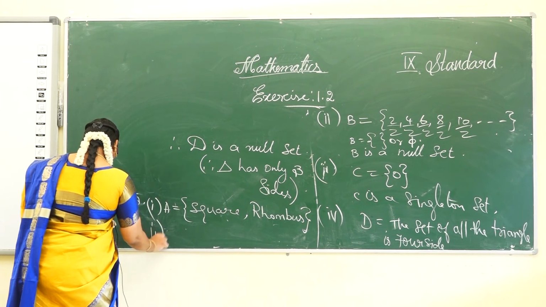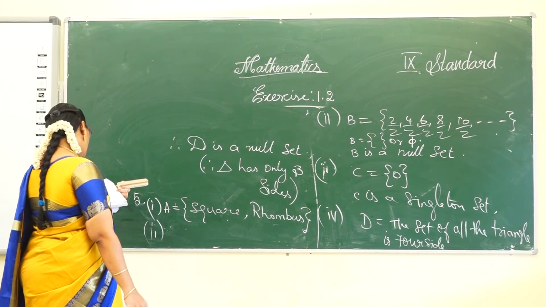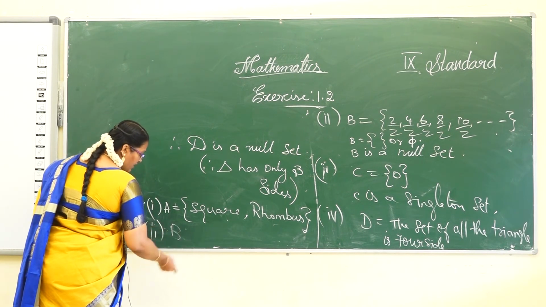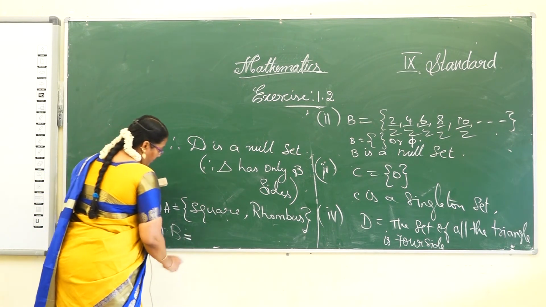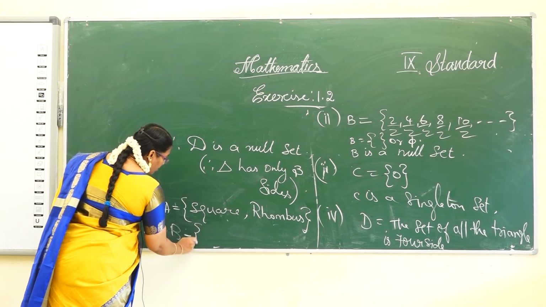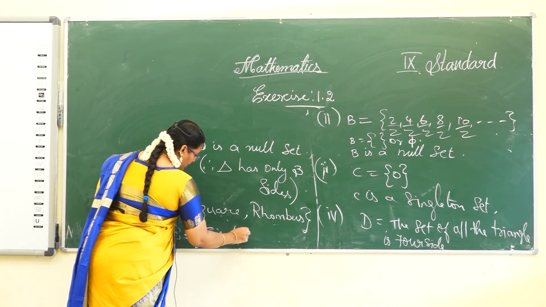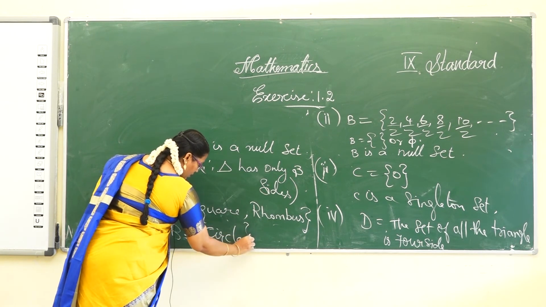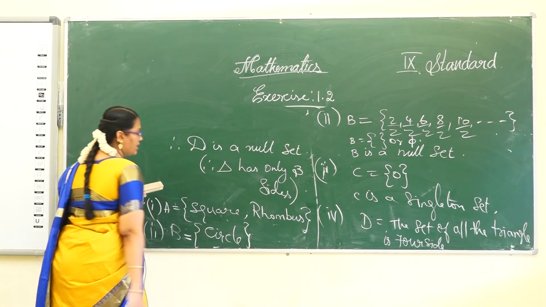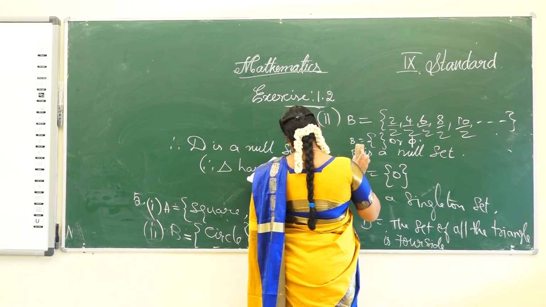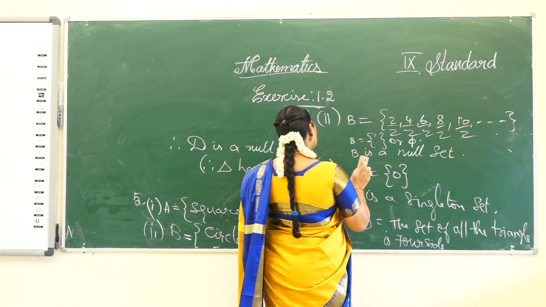And the second one, the set of shapes which have no sides. We consider the second one B. B is equal to circle, which has no sides.